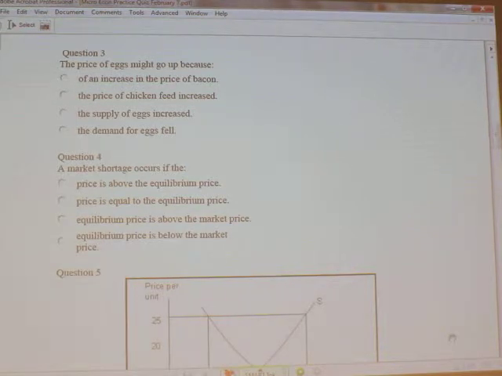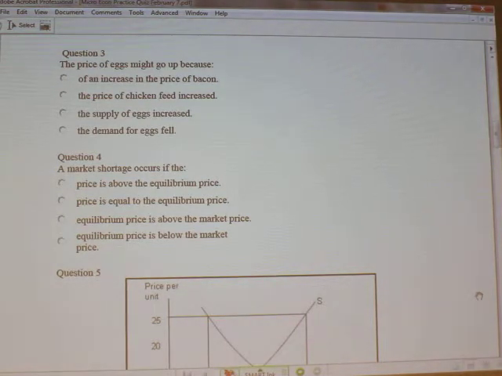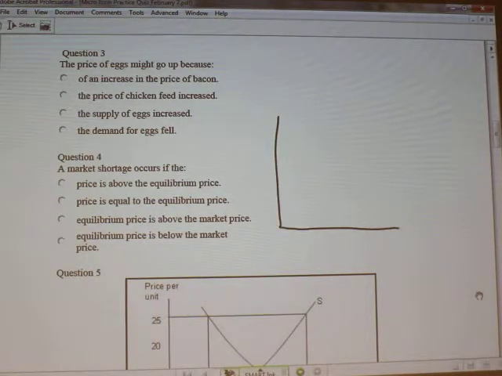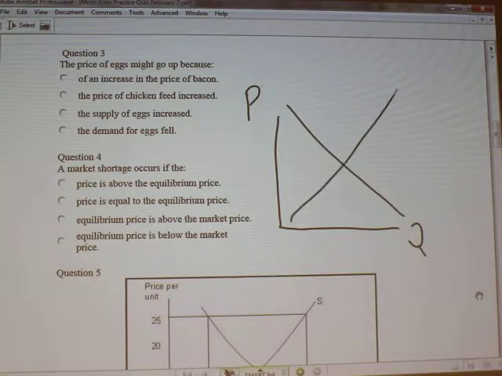Okay, question 4. A market shortage occurs if the, again, I would recommend drawing a graph here. So we don't need to just say, we could say this is the market for eggs or whatever. It doesn't matter because this model holds for all markets.